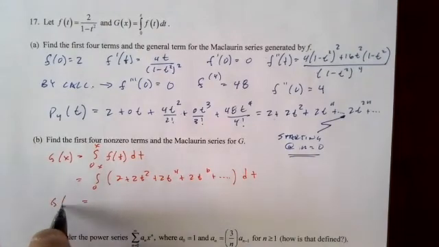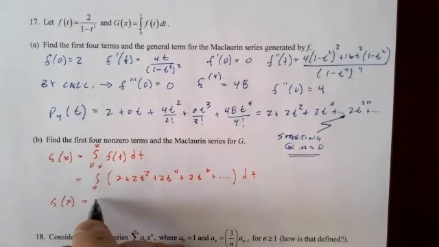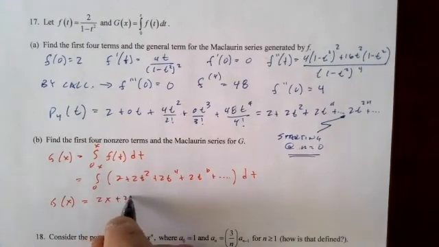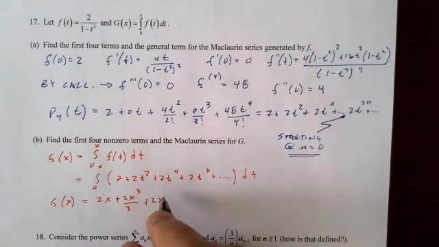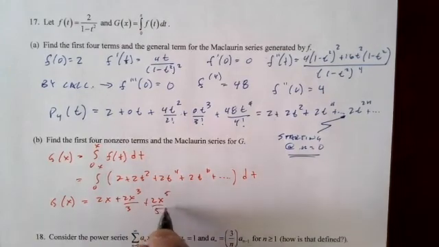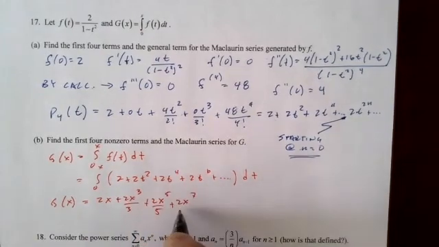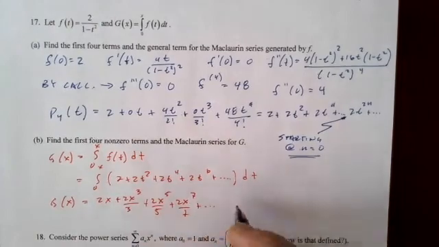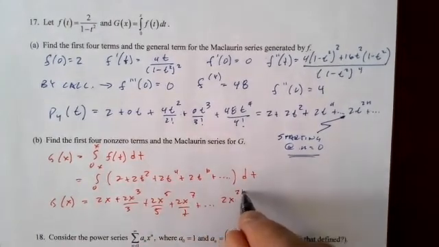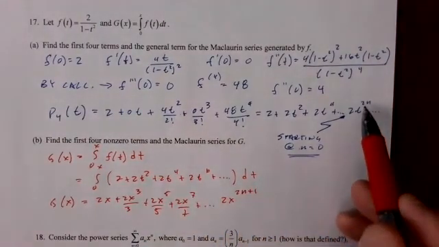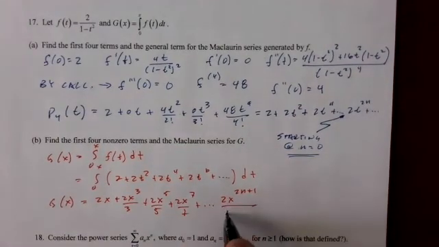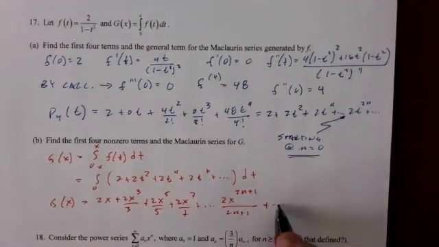G of x equals 2x plus 2x to the third over 3 plus 2x to the fifth over 5 plus 2x to the seventh over 7, 2x to the 2n plus 1 over 2n plus 1. We just added 1 to the exponent up here.